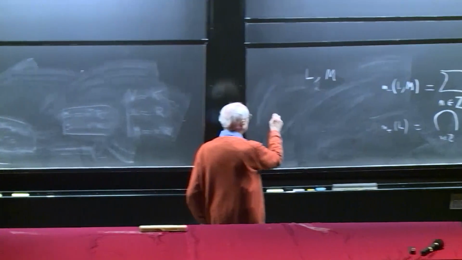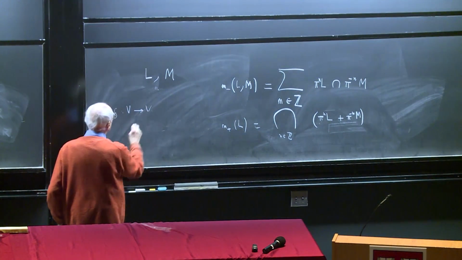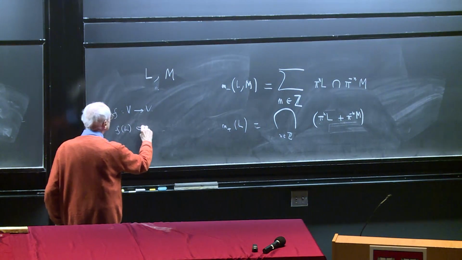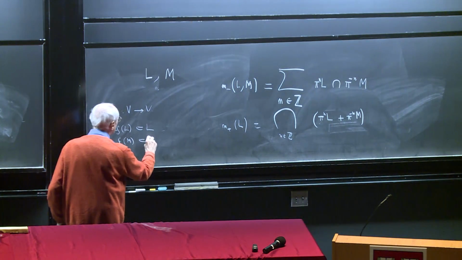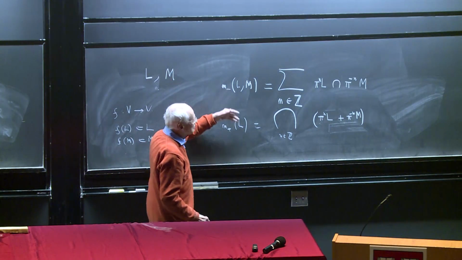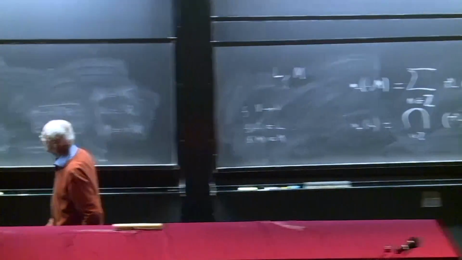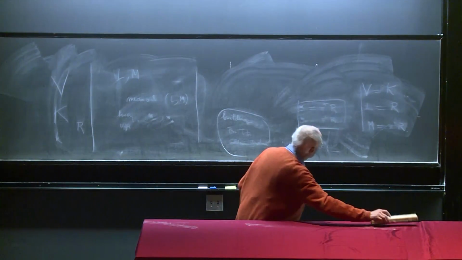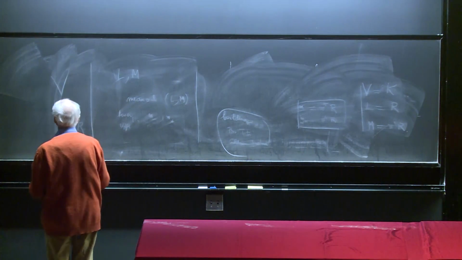That is, if I have an f which maps V into itself, and if f maps L inside L and M inside M, then it's clear from the formula that the same is true for the mean values. But the thing is not totally obvious, and that is the main thing for what I want to do.